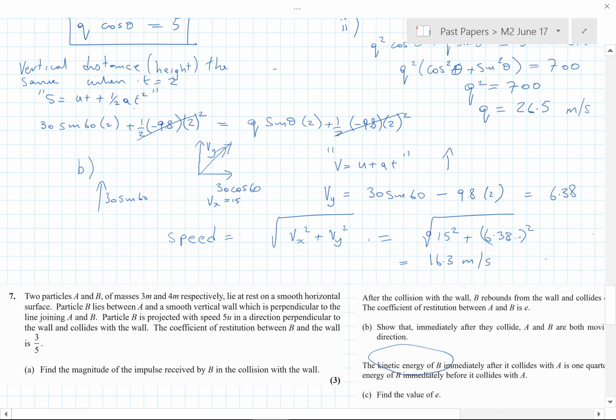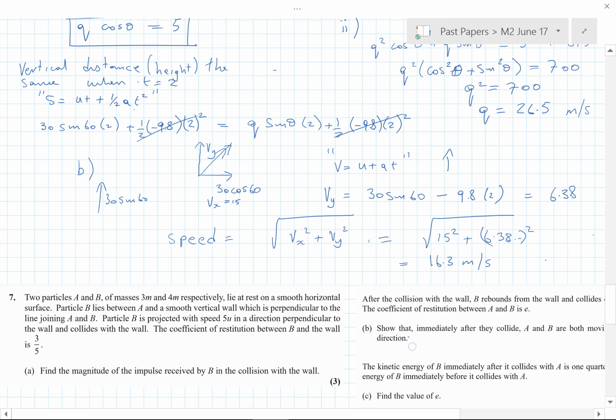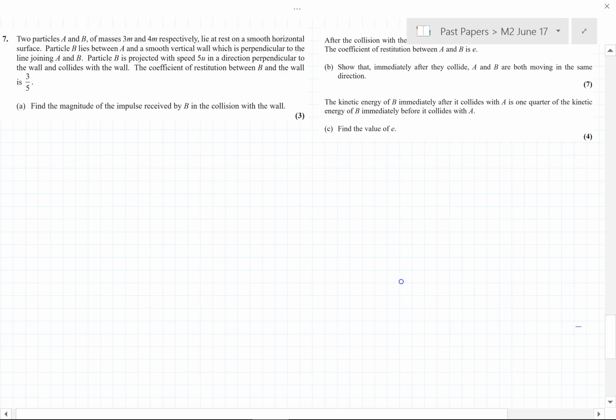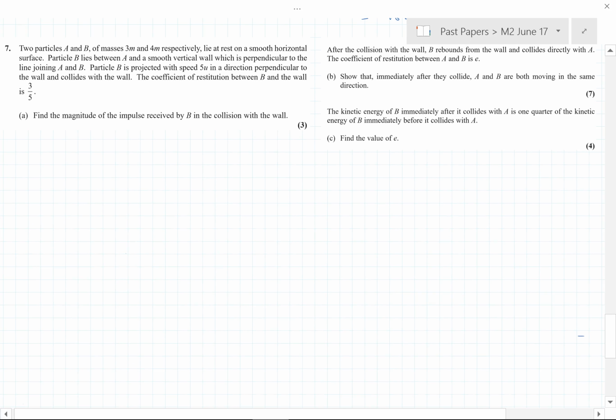Okay, so here we go. Question 7. It's a collisions question. The first part's about impulse. It's pretty straightforward really. We've got two particles, but for the first part it's talking about particle B being projected towards the wall at speed 5u.